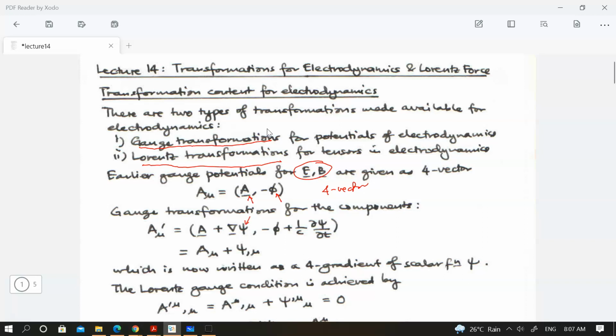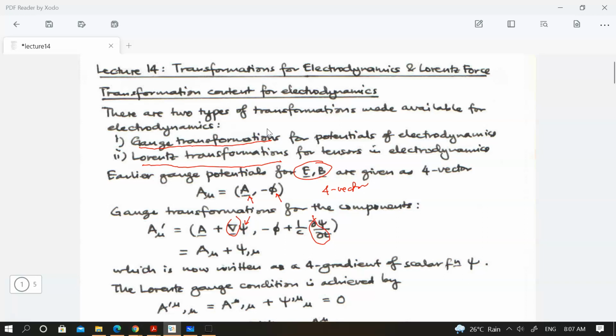And then for the scalar potential, one needs to simultaneously have this change: the transformation is the change of psi with respect to time. This is a spatial derivative, and this is the time derivative, so it's the fourth component.